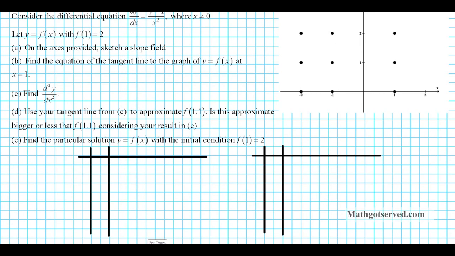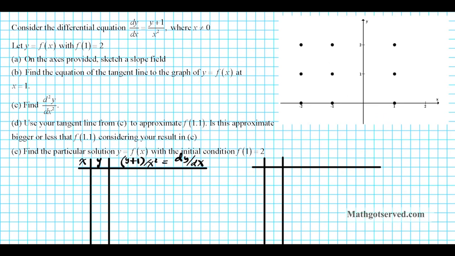So I'm going to use the x and the y coordinates to find out what the value of (y plus 1) over x squared is, which is basically dy/dx, as indicated in the problem above.